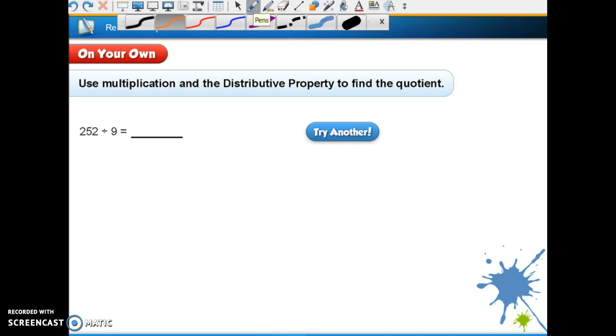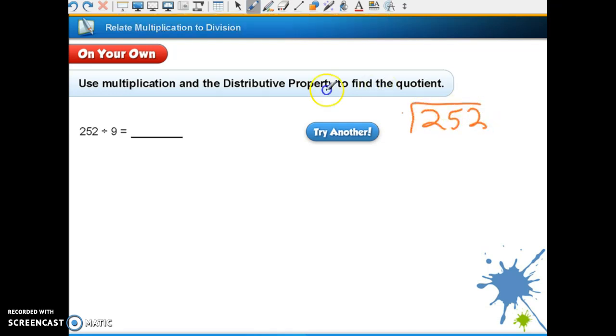This is number 7 on page 37. 252 divided by 9. There are 2 9s in that. I'll do a little regrouping here. So that answer is 28. Okay, so now we're going to use our distributive property.